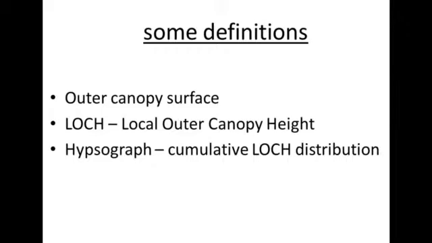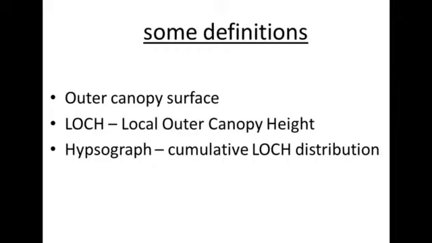I think I need to make some definitions when I go to contrast what's going on between the two kinds of LIDAR systems. And one is something called the outer canopy surface. That's really the skin on top of the forest. And I'll show you why I believe that this is actually a real characteristic of forest.